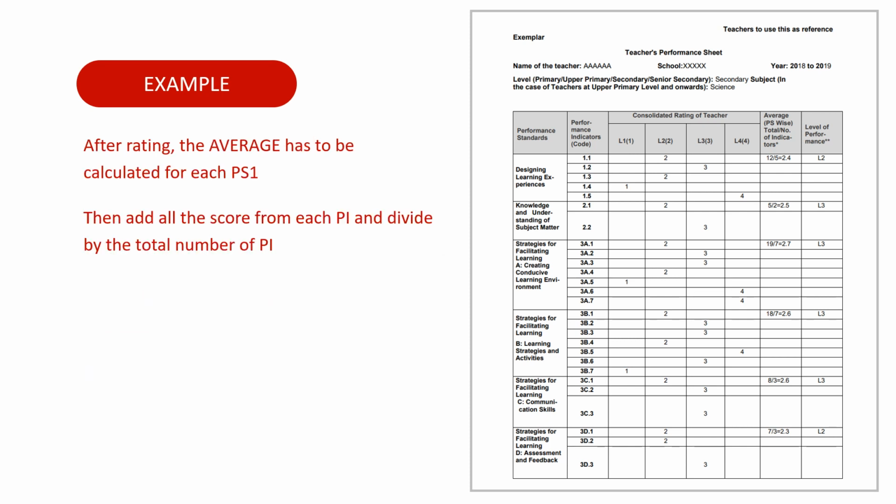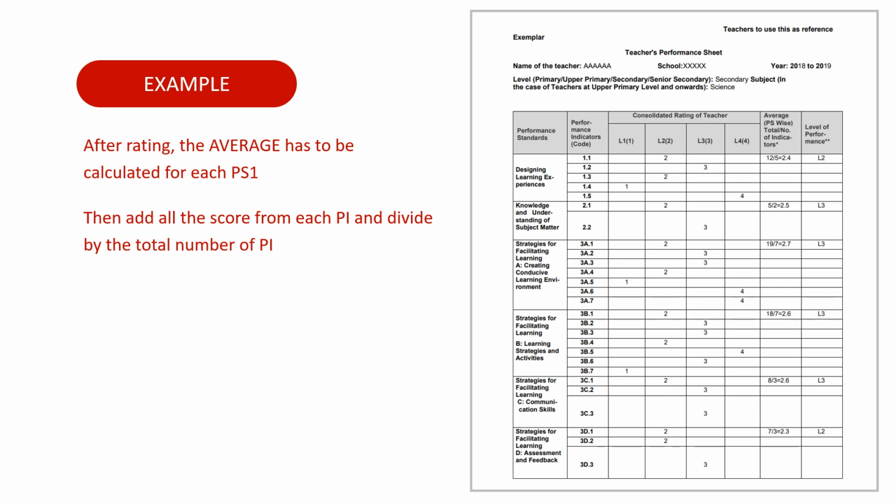From the previous example, after rating, the next step is that we have to calculate the average. Since we have taken performance standard 1, now let us add up all the ratings. 2 plus 3 plus 2 plus 1 plus 4, we get 12. And we divide by 5.